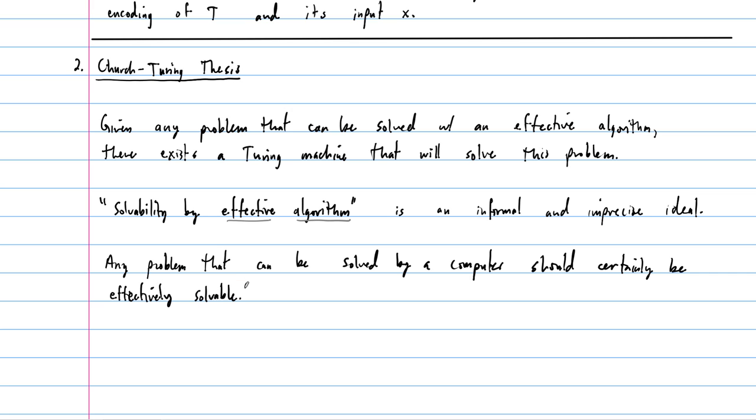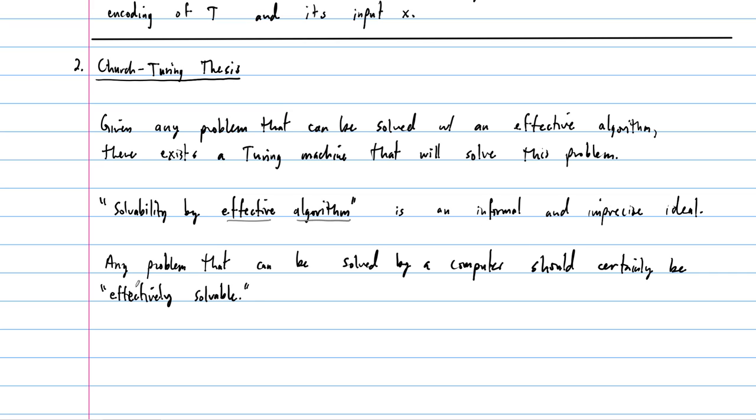Because this is such imprecise language, you'll find this adjective "effective" applied to many different terms: effectively solvable, effectively computable, effective computations, effective algorithms. Anything that's effective is imprecise. So anything that we can solve with a computer should be effective, because it's done with a computer.